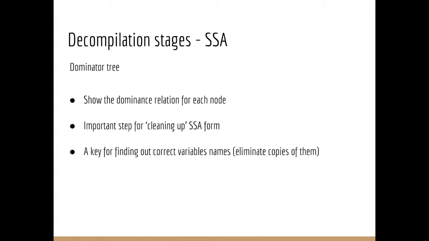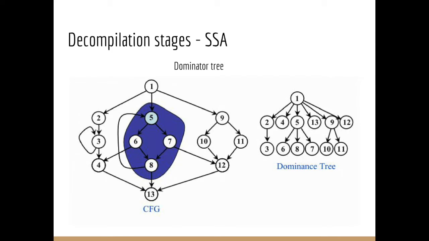And finally, we need to know the dominator tree to figure out how we should correct variable names, which means simply folding the graph tree to mark the same variables as one node. On this image, we can see a simple CFG graph, which is the same as on the previous image.